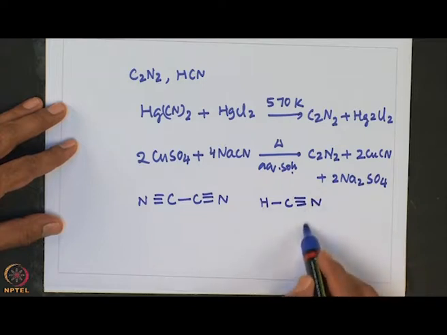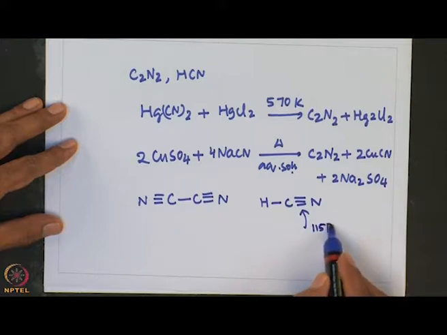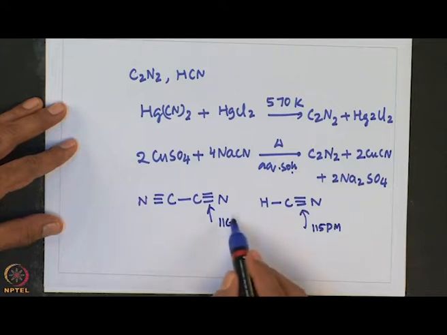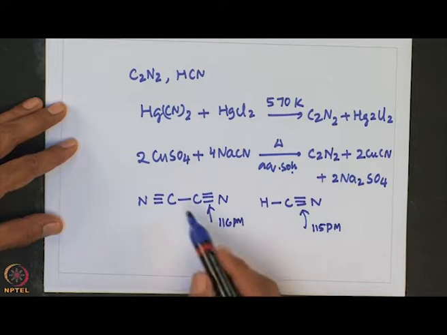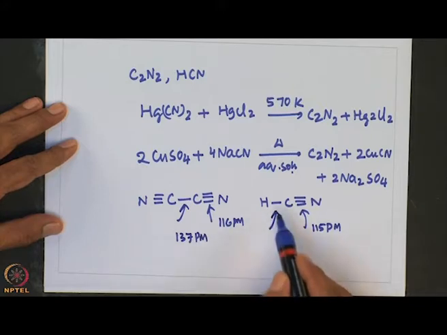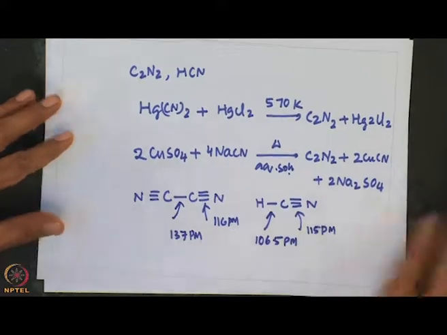We can compare here the C triple bond N bond distance is 115 picometer, and here it is 116, a marginal difference. And here the CC bond distance is 137 picometer. Of course, here the CH bond distance is 106.5 picometer. And so both are linear.